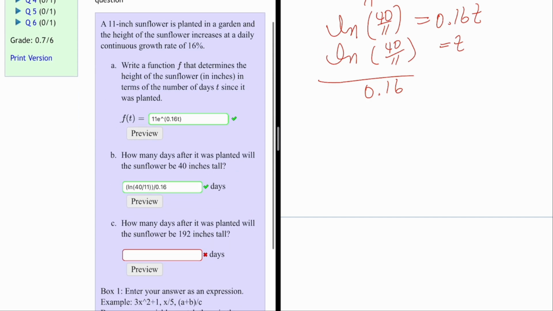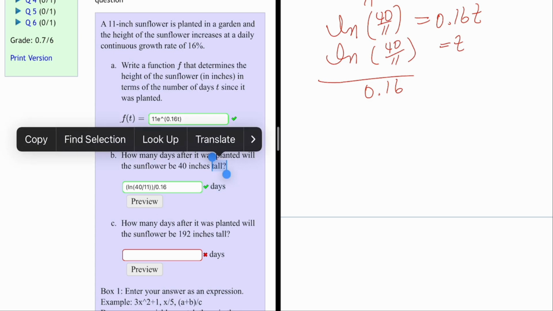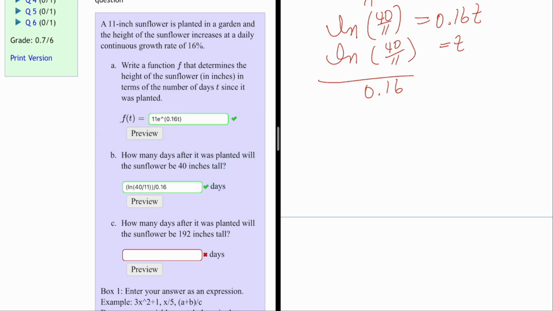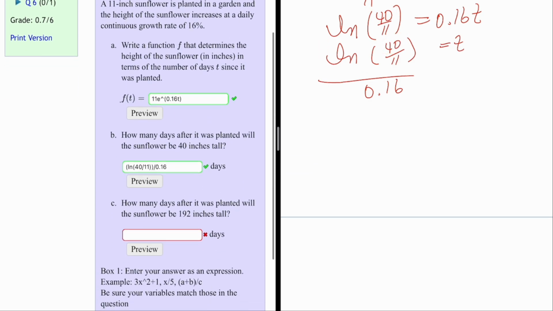Okay, now it says, how many days after it was planted will the sunflower be 192 inches tall? So do you see what we've got over there to the right here, in this spot right there? See, the only thing that's different between this equation here where the 40 is sitting, just replace it with 192.